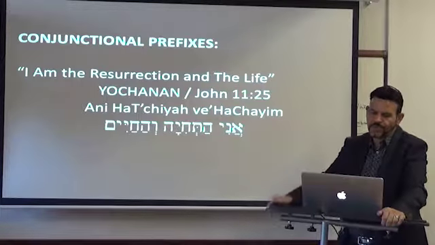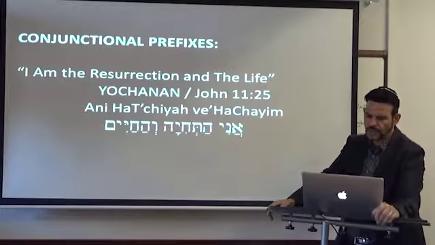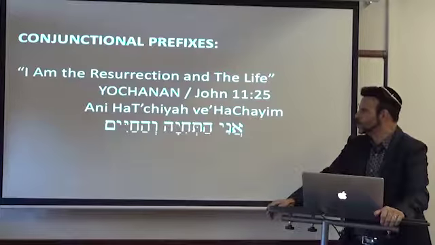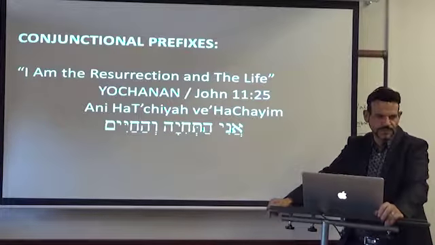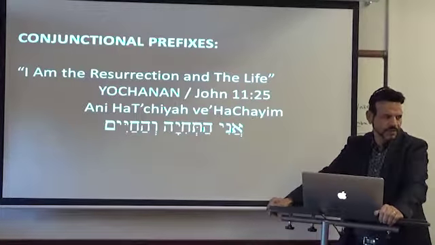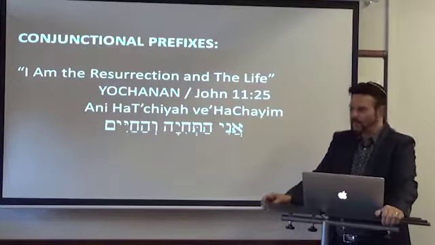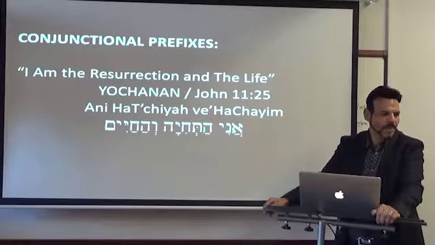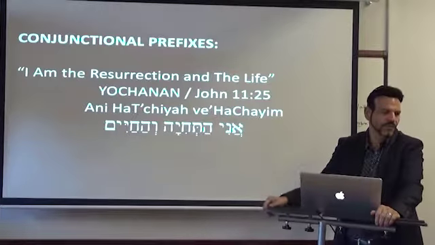Now, a similar statement is found in John 11:25, Yochanan 11:25. "I am the resurrection and the life." So we have a toast that we give when we have the fruit of the vine. In fact, how many know the blessing? Baruch atah Adonai Eloheinu melech haolam borei pri hagafen. Amen. Blessed are you, O Lord our God, King of the universe, Creator of the fruit of the vine.